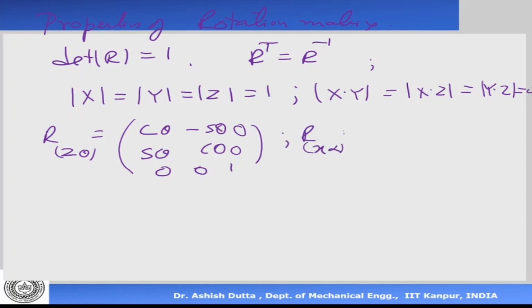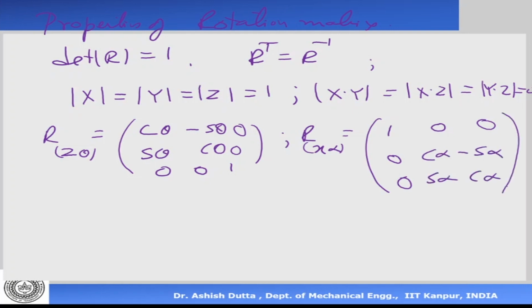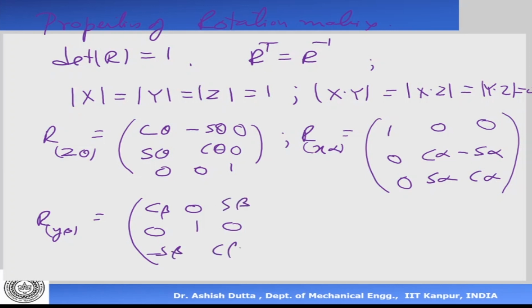Let's call this alpha, rotation about the x-axis by an angle alpha. So this will become 1, 0, 0, 0, 0, and this is cos alpha, sine alpha, cos alpha. And the third one, let's call it beta, rotation about the y-axis by an angle beta. So this is 0, 1, 0, 0, and this is cos beta, sine beta, cos beta.